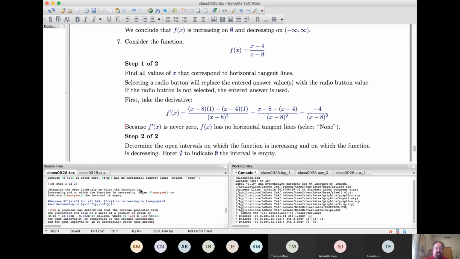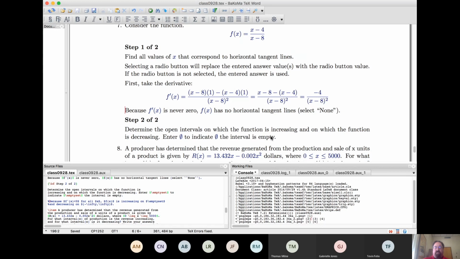So then, the next part of the question is, where's the function increasing or decreasing? Well, we can answer that just by looking at this. The denominator is never going to be negative. Whatever you plug in here is going to be 0 or a positive number. The numerator is negative. Therefore, the whole derivative is never going to be positive.